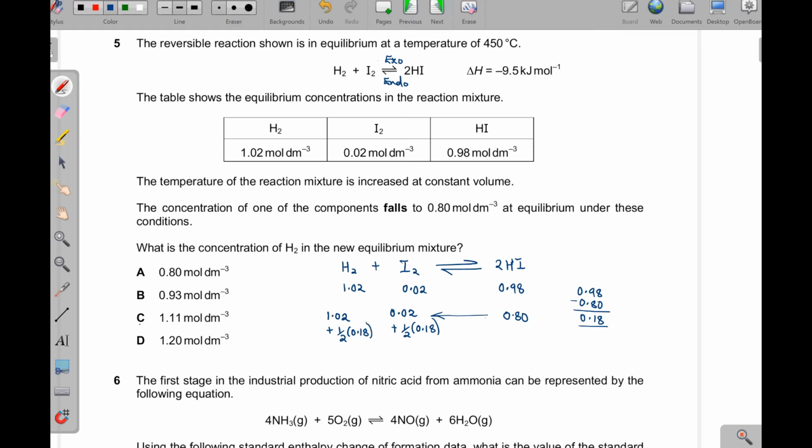A half of 0.18 is 0.09. So if you have 1.02 and 0.09, when you add 2 plus 9, you get 11. So it will be 1.11. And that has to be the new concentration of what? Hydrogen. Remember here they asked what is the concentration of hydrogen in the new equilibrium mixture? That is 1.11. So the answer is C.